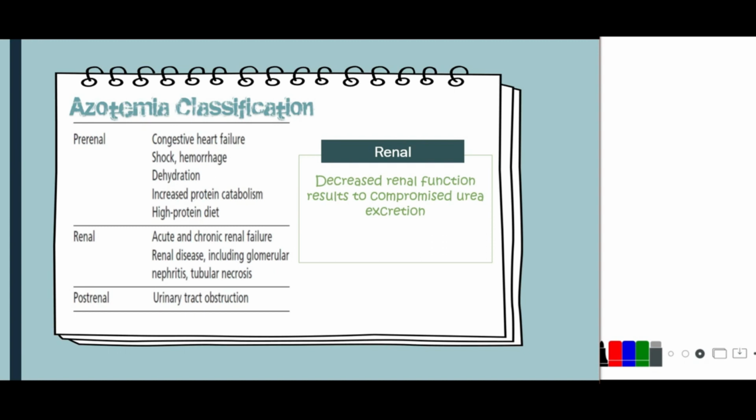So what happens is that BUN is no longer eliminated from the body. So it stays inside the body and it accumulates at a high concentration in the body. So of course, conditions associated with renal azotemia include acute and chronic renal failure, renal diseases including glomerular nephritis, and tubular necrosis.